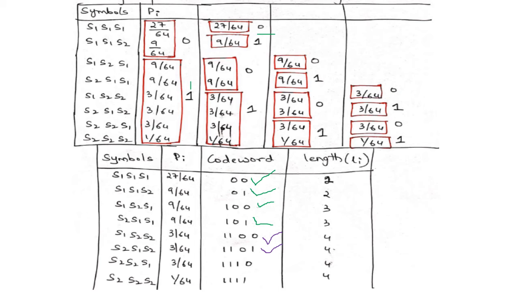For 1 by 64 first stage code word is 1, in the next stage code word is 1, in the next stage code word is 1, and last stage code word is 1. So the final code word is 4 ones, and the corresponding length value is written in the last column.